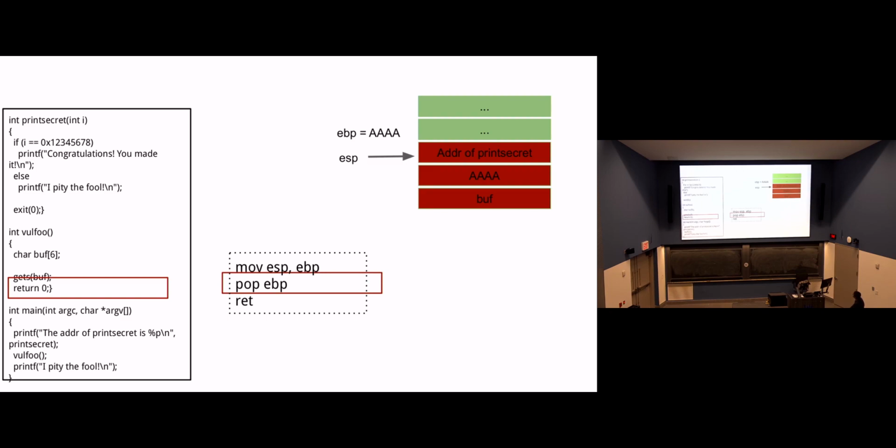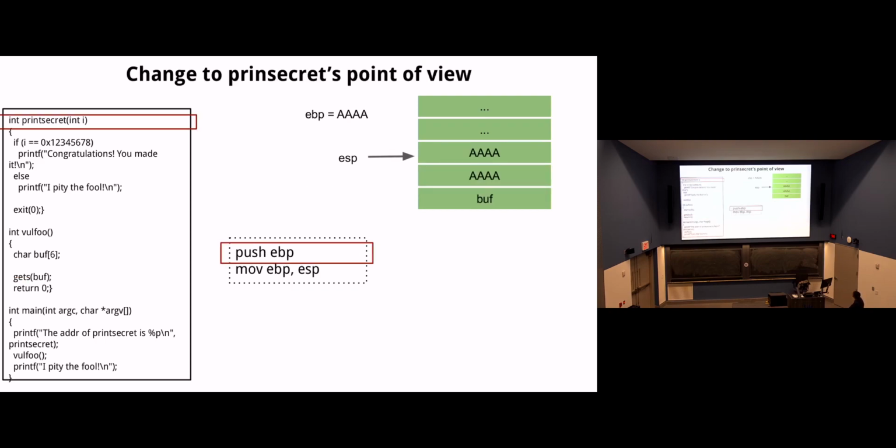After that, EBP will have the value AAAA, since we gave garbage value AAAA there. The EBP will have the value AAAA, and ESP will point to this address. Then we're going to return. EBP stays the same. ESP will go up 4 bytes. EIP now will point to here, which is the address of print secret, right?